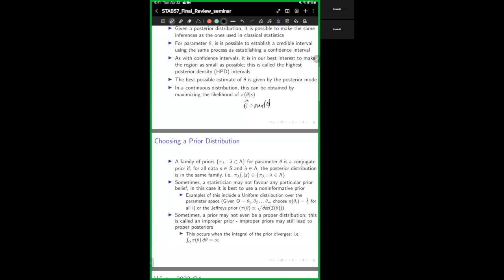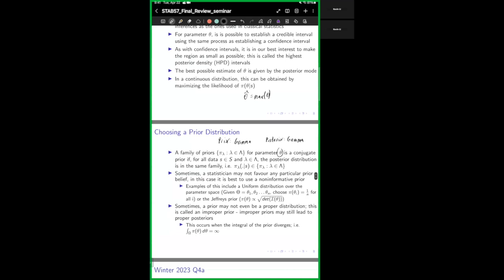For example, if we have a gamma distribution as the prior and the posterior is also gamma, perhaps the parameter values themselves may change, but at the end of the day, the underlying distribution is still the same. This is what we call a conjugate prior.